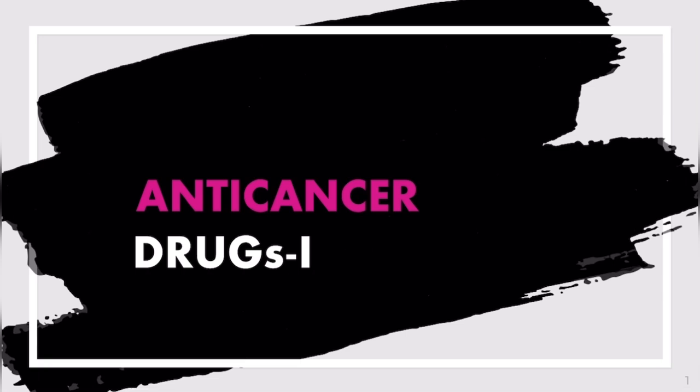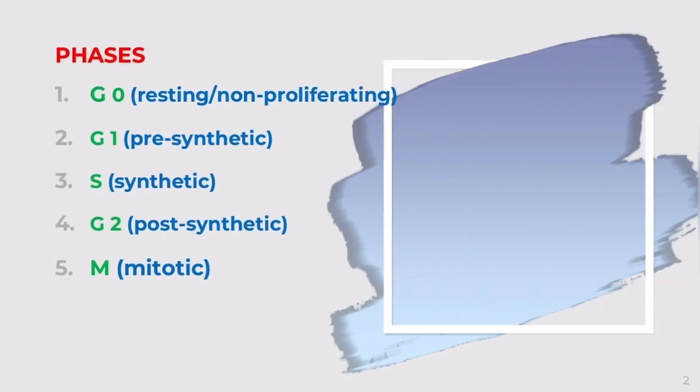As I told you, cancer means uncontrolled cell division. So first you have to know the cell cycle. What are the phases of the cell cycle? G0, that is the resting or non-proliferating phase. G1, pre-synthetic phase.